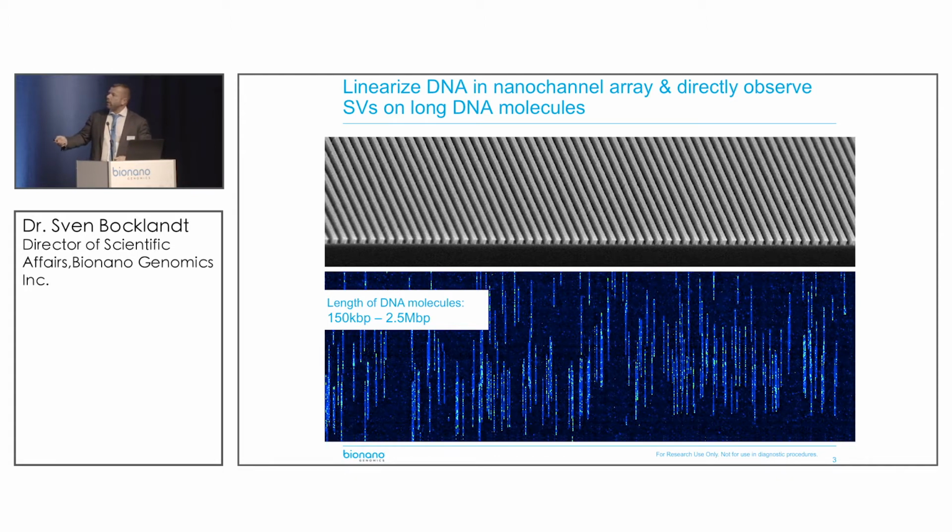And we label a single 6 base pair sequence motif all throughout the genome. A single sequence motif that is uniform enough throughout the genome that we really don't have any blind spots, and with a label density that's high enough that we have a high resolution to detect structural variants. So we actually observe structural variants directly in the patterns on these molecules. And then we just stain the backbone, and that gives you that blue signal.